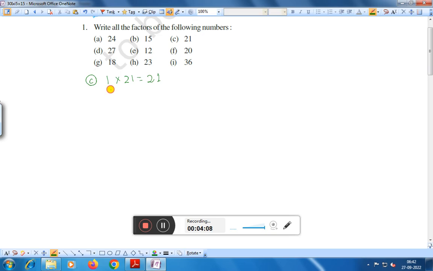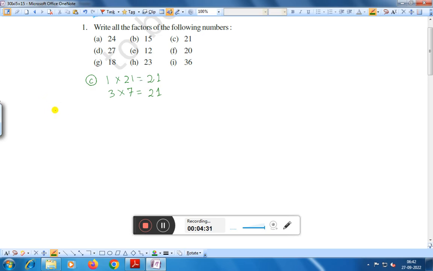Then 3. 3 into 7 is equal to 21. Right? Then again 4, no, 5, no, 6, no, 7. 7 into 3 is 21, again it is repeating. Therefore, we get the factors of 21 as 1, 3, 7 and 21.